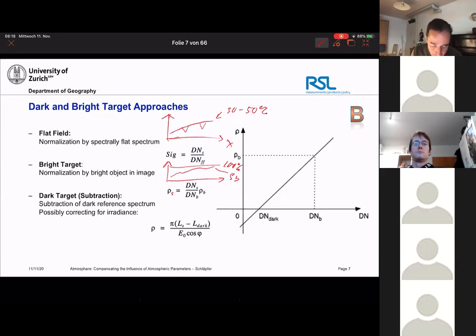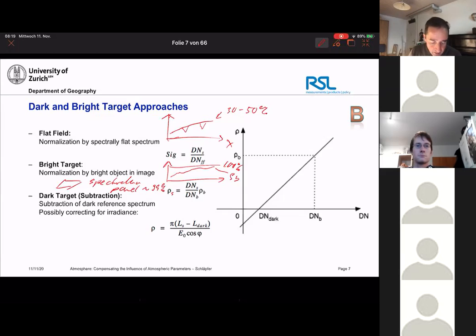So if you have a spectralon panel, these are about 99% reflecting targets you can put up in the field. If you put up such a spectralon panel, you can directly apply the bright target correction. That's what the drone guys really use. They just put up a spectralon panel with very high reflectance and normalize to that one. That's the bright target approach.